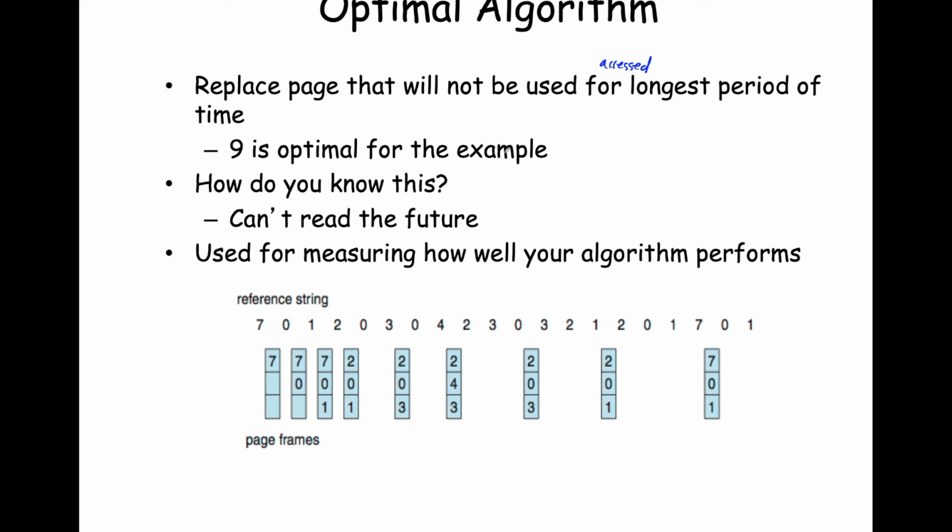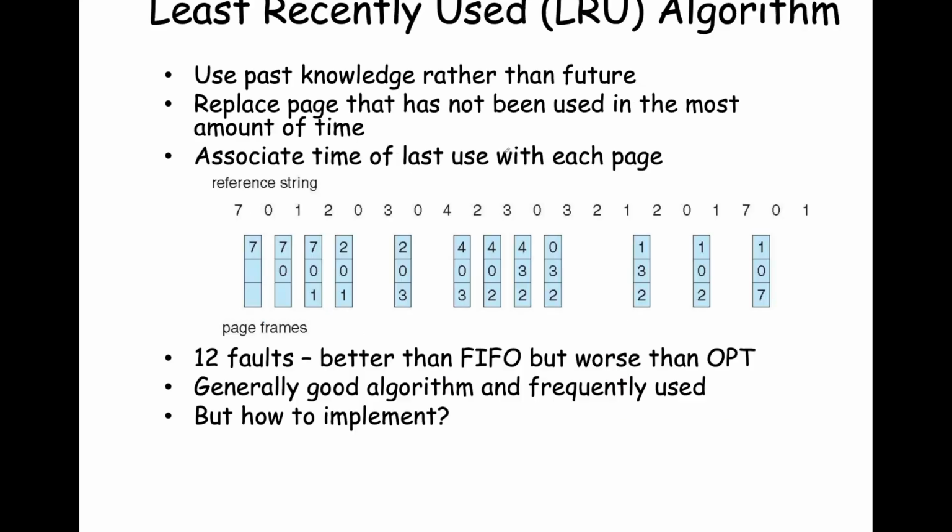And so this optimal approach is different from FIFO, and it minimizes the number of page faults and therefore makes the effective access time as small as possible, which leads to better performance on your system.